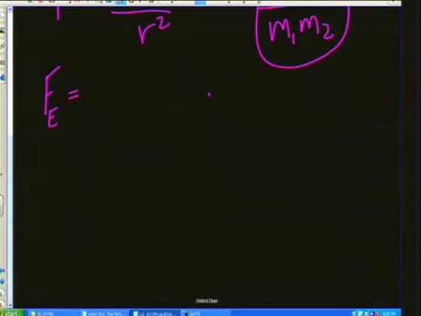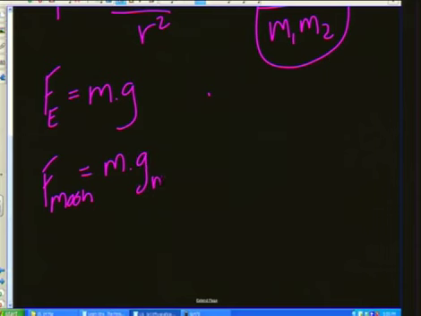Okay. Mozobazi Soli says, please explain the weight of an object on the Earth and the weight of the object compared to being on the moon. So on the Earth, the weight is mg. The mass doesn't change. The weight on the moon is also equal to mg, but the g here must be the g of the moon. And what we know is the masses will be the same.